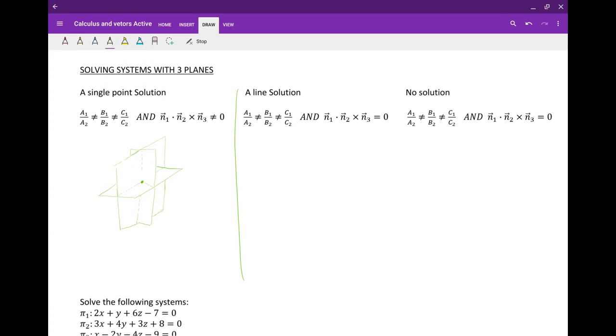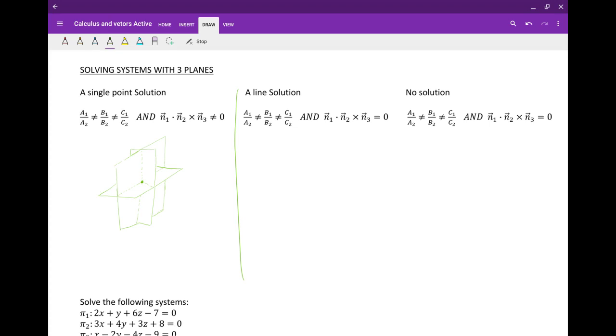So it would be something along those lines there. That would be more or less the location where they intersect. Now my diagram's a little bit funny. I made it so that the planes themselves will appear to be perpendicular, but they don't necessarily have to be perpendicular, okay?